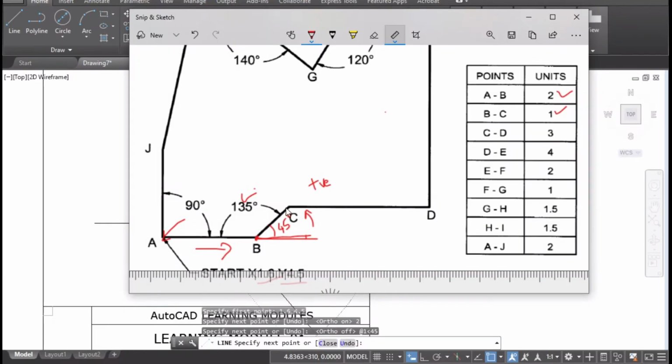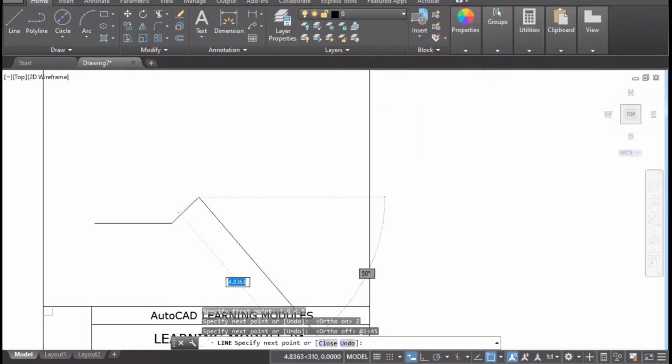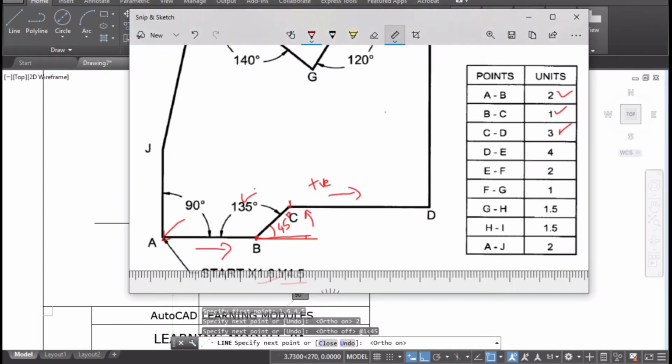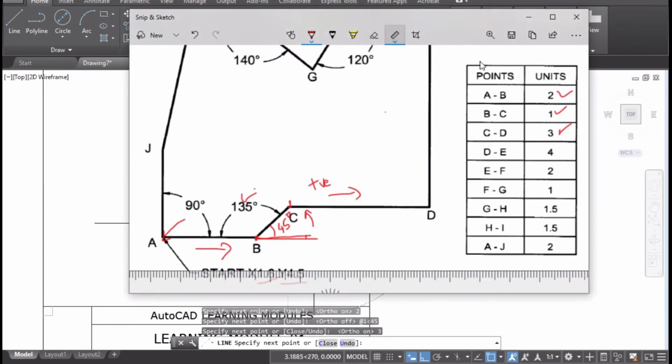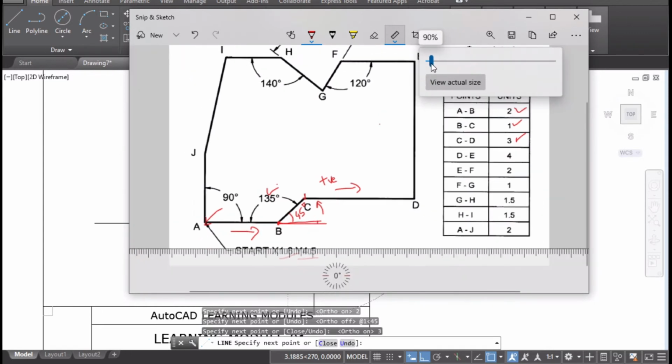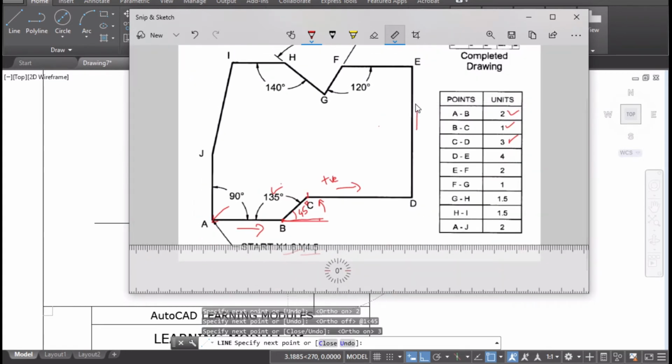Now get back to the question, and now we are right here. We're gonna move in this direction from C to D, which is 3 unit, and it's a straight horizontal line. So what I'm going to do, I'll turn on ortho mode again, and in this direction we're gonna move 3 units. So I enter 3, enter, and from D to go up in this direction we're gonna make 4 unit, and from E to F in this direction we're gonna make 2 units.